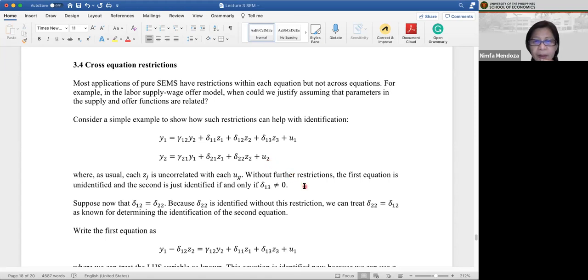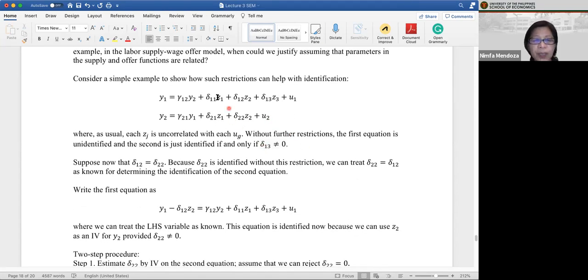Without further restrictions, the first equation is unidentified, and the second equation is just identified if delta sub 1,3 is not equal to 0. Here you would be using z sub 3 as the instrument for y sub 1, right?